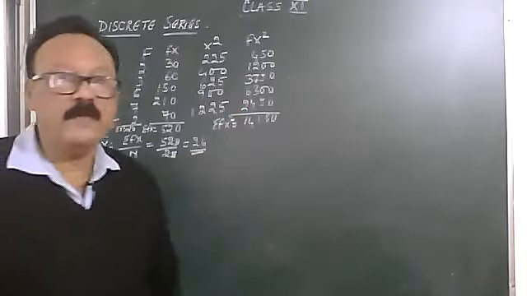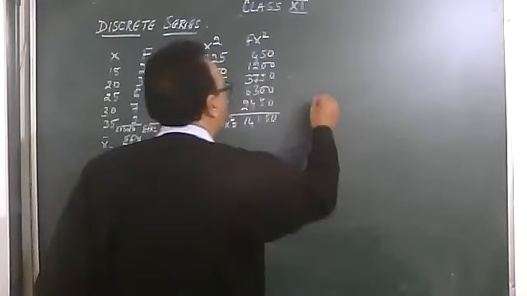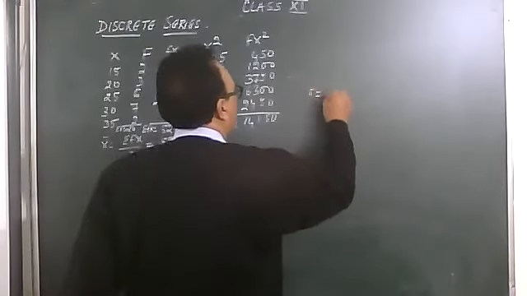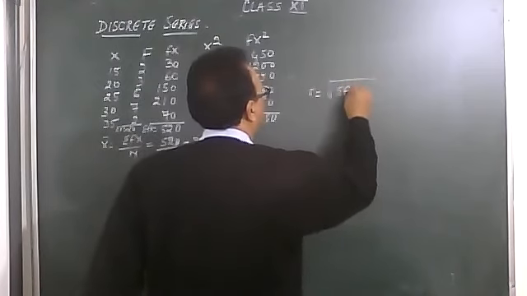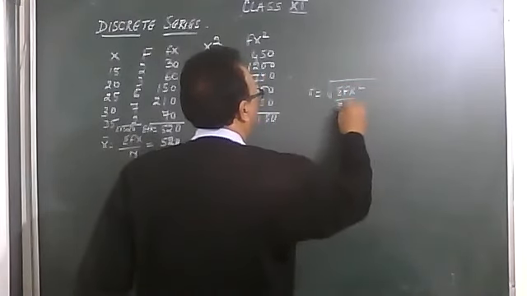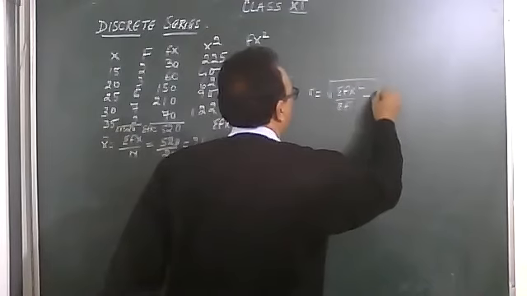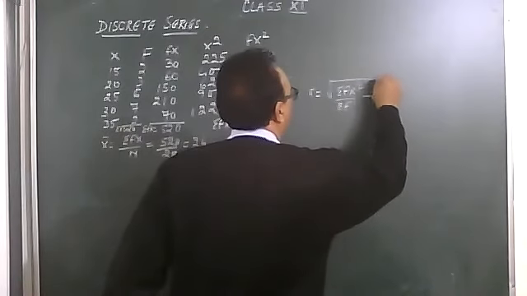Okay, now the formula will change for standard deviation slightly. Standard deviation is equal to under root sigma fx squared upon sigma f minus the mean square, direct method.